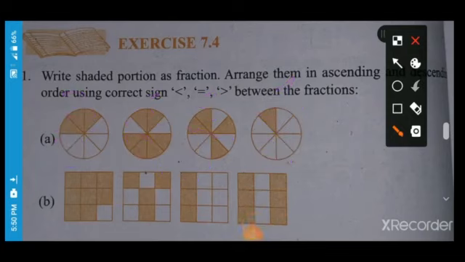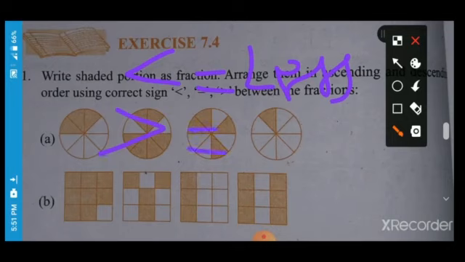Before that, we once again repeat these signs. What is the name of this sign? It is for less than, and this one is for greater than.